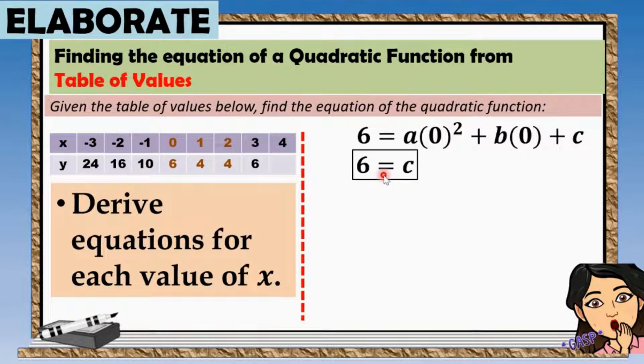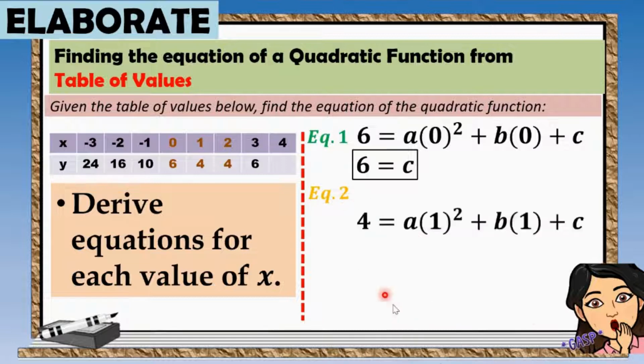So, automatically, c is equal to 6 kasi 0 na sila lahat. So, a times 0 plus b times 0, so plus c. So, c na lang siya. So, we all know that any number or variable multiplied by 0, that is 0. So, that is your equation 1.